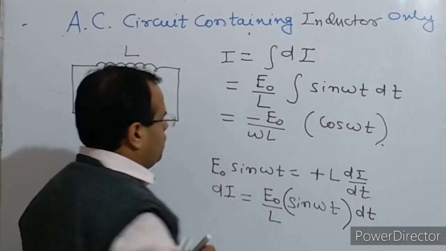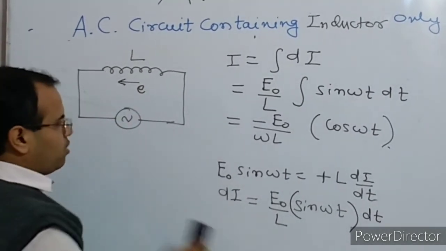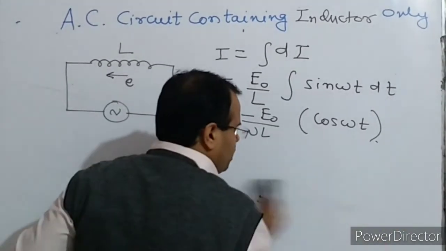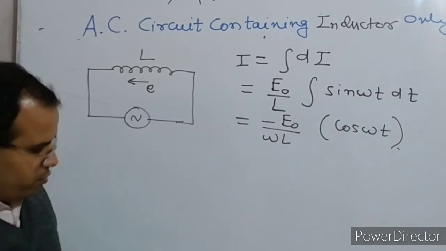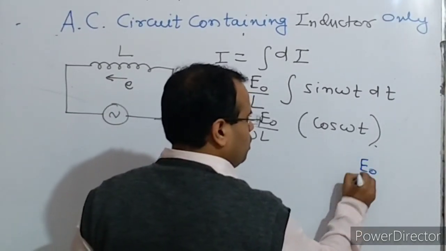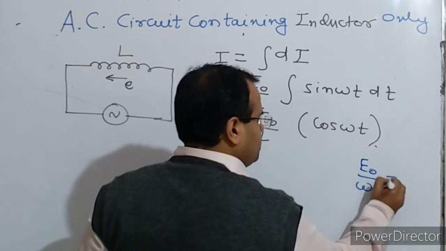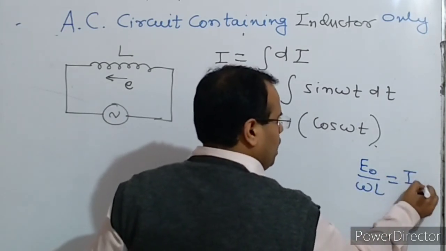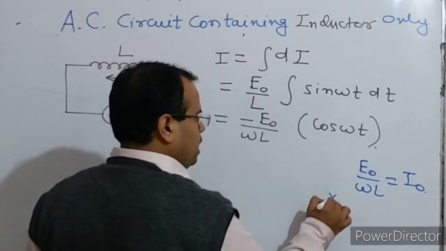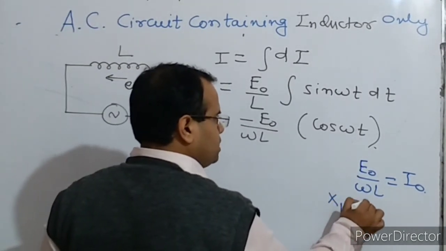I hope it is clear to you. Now we can rearrange it. Let us assume that E naught upon omega L is equal to I naught, and let us assume omega L as XL.